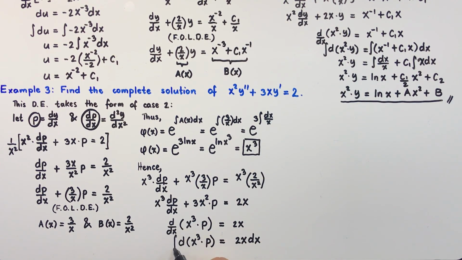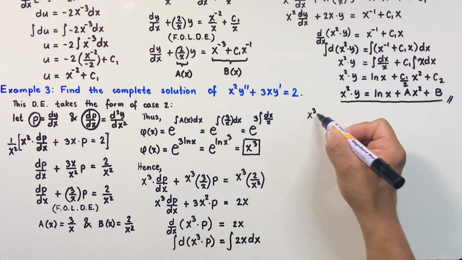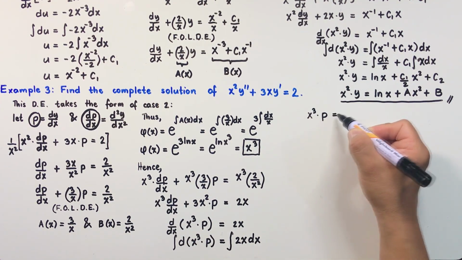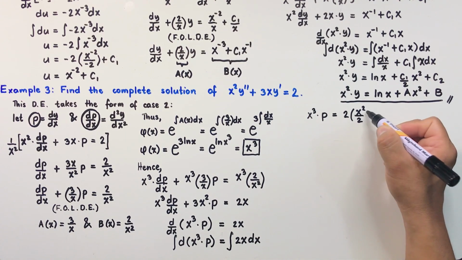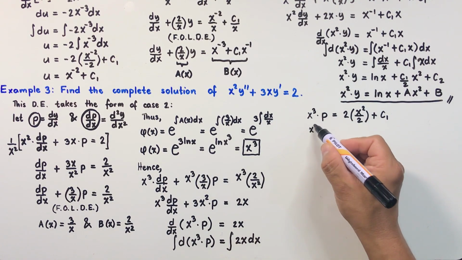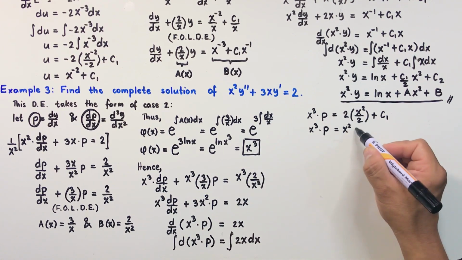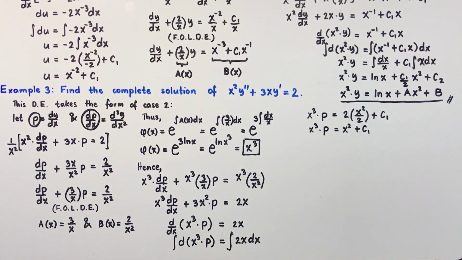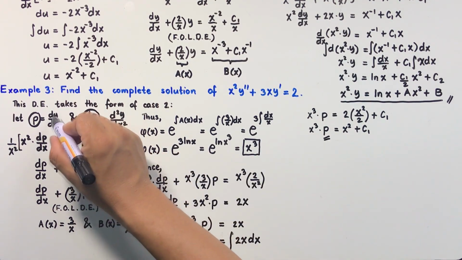We can now integrate both sides of the equation, and we know that the integral of the differential cancels each other. So what remains is x cubed times p, which is equal to the integral of 2x, which is 2 times x squared over 2, plus the constant of integration c sub 1. Simplifying, x cubed times p is equal to x squared plus c sub 1. But we know that p is the derivative of y with respect to x.